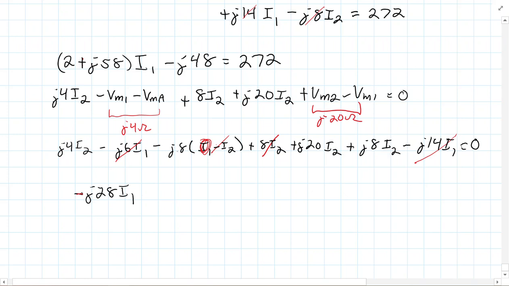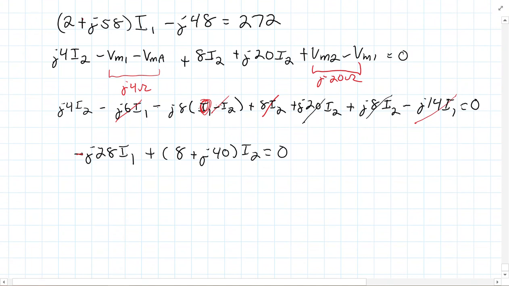Minus 6, minus 8, minus 14. Okay. And then we'll have plus, we do have the 8, and now I've got 4. Now I have minus a minus, so that would be plus 8, plus 20, and then plus another 8, which would be 40. I2 equals 0.